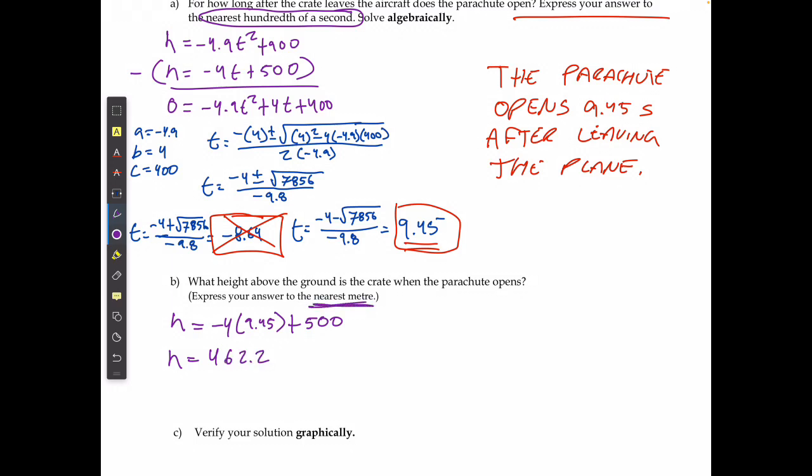Because it wants it to the nearest meter, the height above ground is 462 meters when the parachute opens.